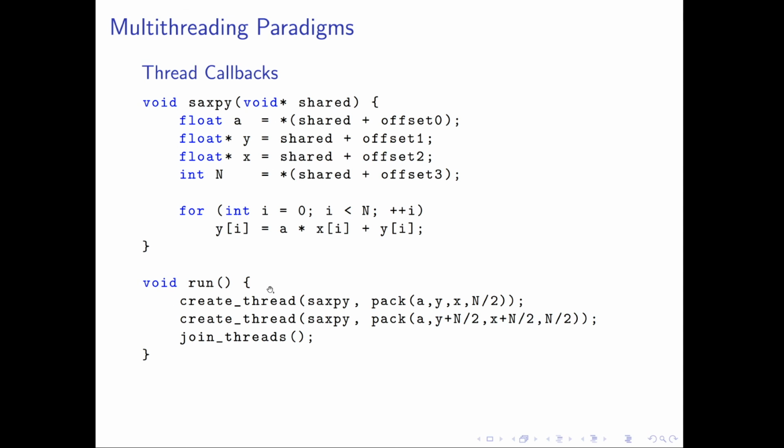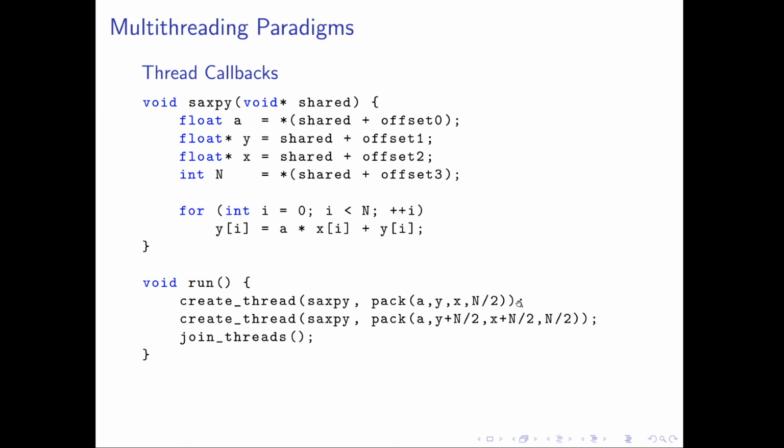The paradigms still stay the same, and the paradigm for APIs like pthread is very similar to what I'm showing here. The gist of what's happening is that I explicitly say that I want two threads, and I also explicitly say how the data is distributed to the threads.